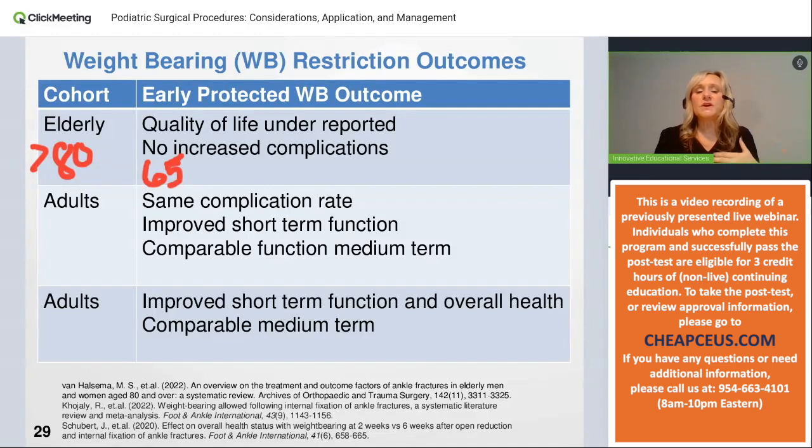Even though the complication rates aren't showing that there are less incidents of DVTs and things like that, we know generally that there are other benefits in overall function for these patients and that overall health benefit to early weight bearing. And the research is saying that without additional complications, I should say.